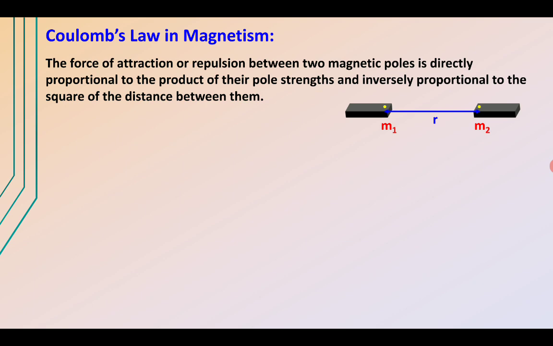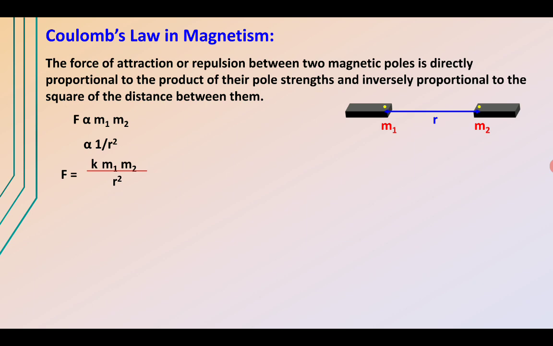Now, according to Coulomb's law of magnetism, the force between these two magnets, whether repulsive or attractive, is proportional to the product of pole strengths, that is m1 and m2, and inversely proportional to the square of the distance between the two magnets.